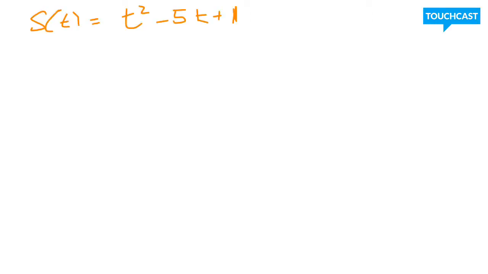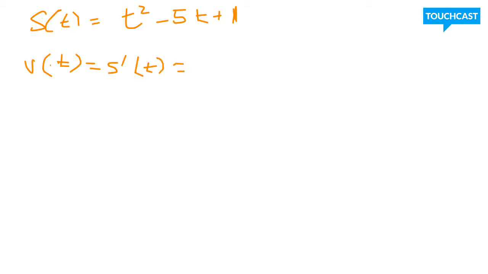Okay, and then there's a problem there on your paper. So here's the function we're given. We've been told s of t, the distance function, is t squared minus 5t plus 1. We've been asked to write an expression for the velocity of the car. So the velocity of the car, which is v of t, is the derivative of s, so that's equal to s prime of t.